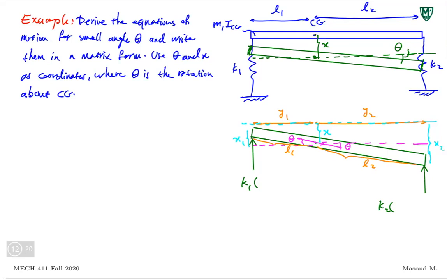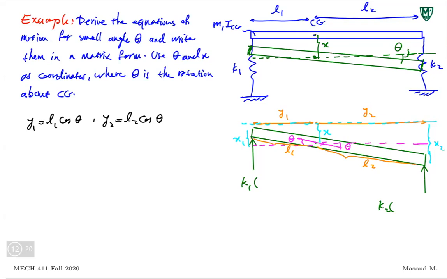All right, from before, we already know that we can write Y1 as L1 cosine theta and Y2 as L2 cosine theta.